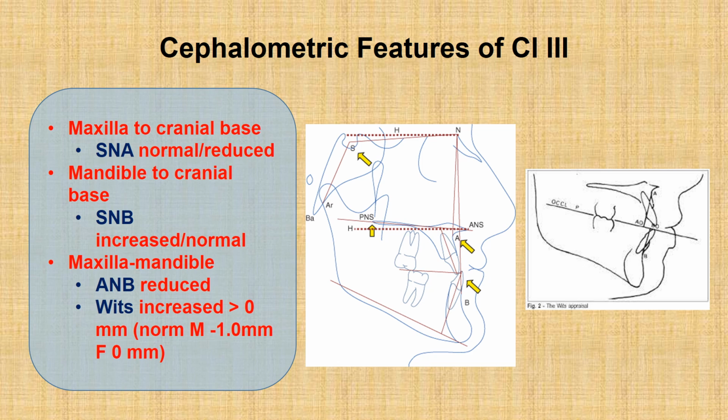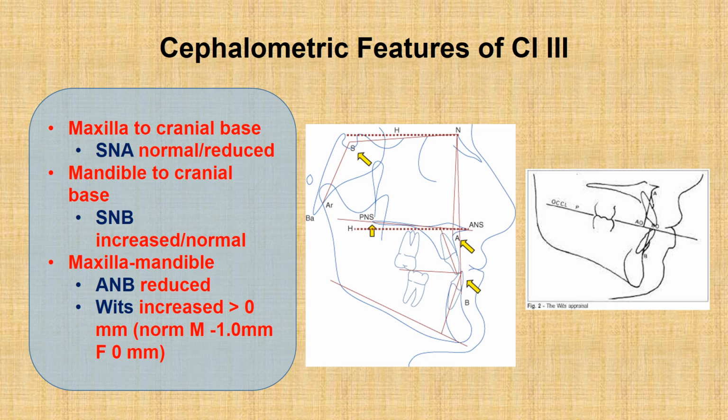Now, the maxillary mandibular relationship, represented by the ANB, is reduced, and the Wits measurement usually shows more than 0 millimeters, whereas the norm for males is negative 1 millimeter, and for females it is 0 millimeter.